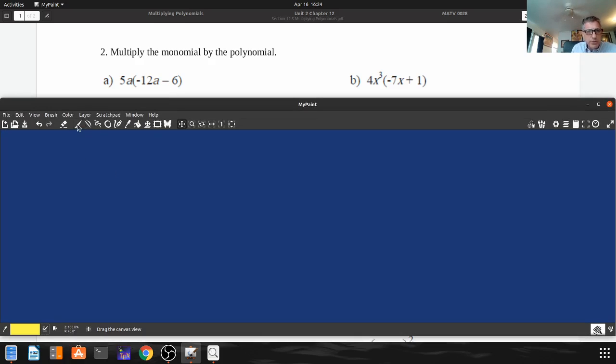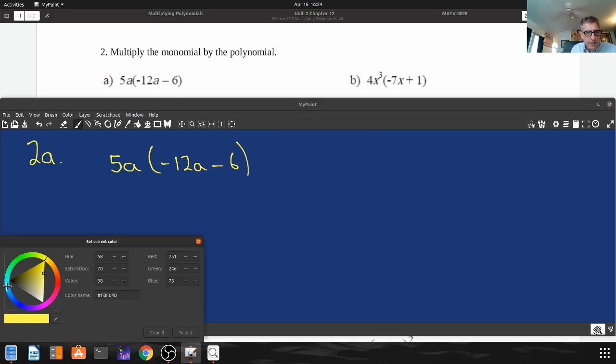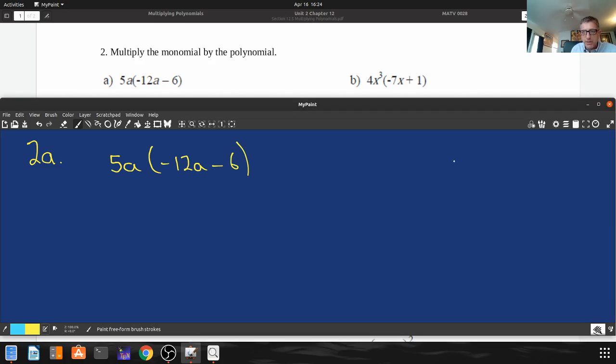So now let's do 2a. Here, what we're going to be doing is just using the distributive property. Now I'm going to write the distributive property here on the side just to remind you. These arithmetic and multiplicative properties of the real numbers are always in play.